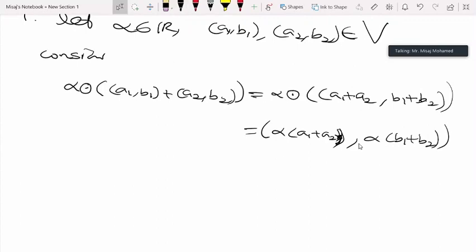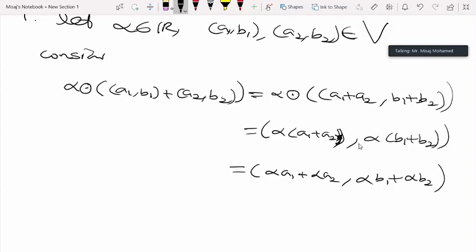So, alpha A1, alpha A2, comma alpha B1, alpha B2.